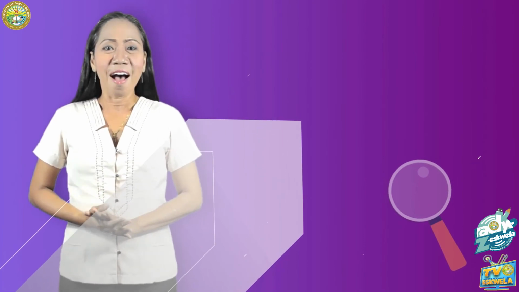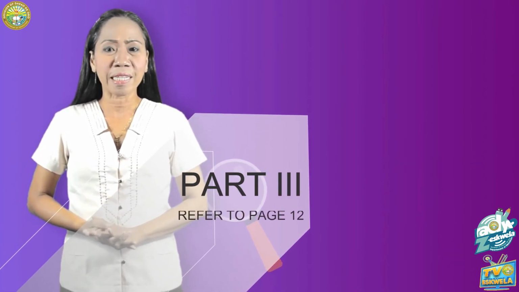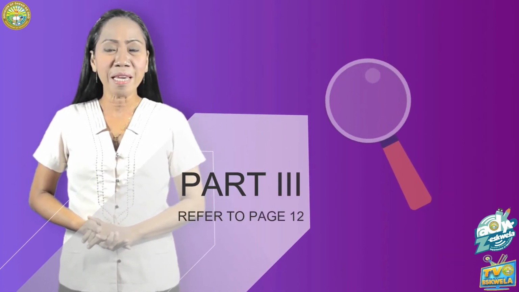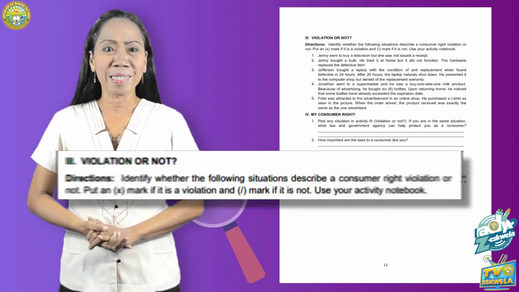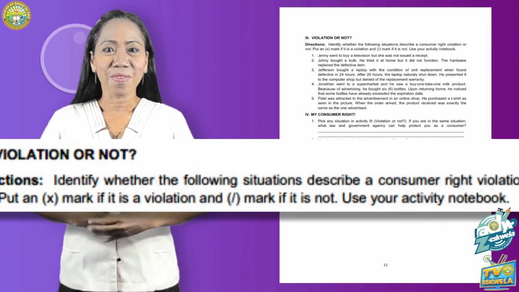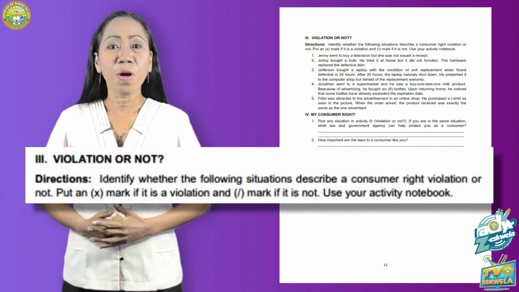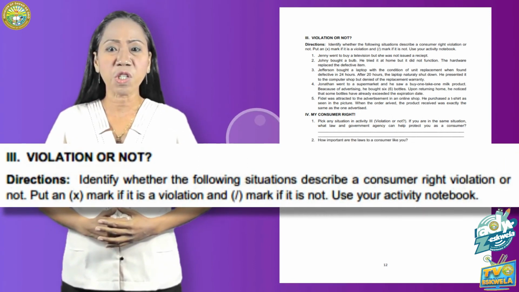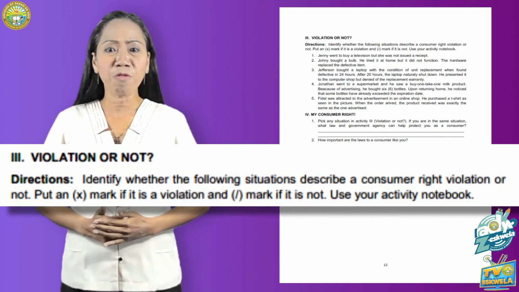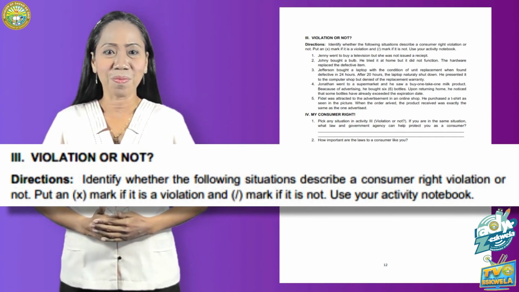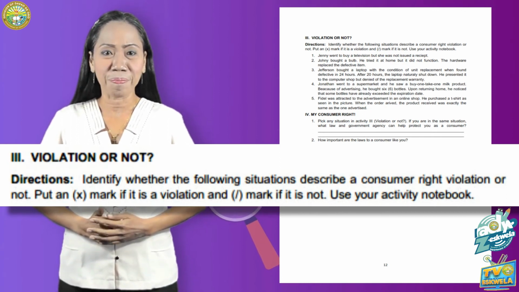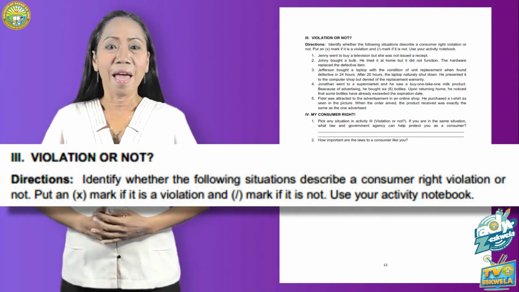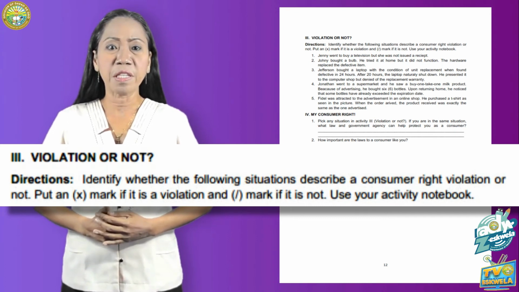Time is up. For the last few seconds, answer the part 3 of the assessment. Follow me on page 12. The direction says, identify whether the following situations describe a consumer right violation or not. Put an X mark if it is a violation, and a slash mark if it is not.